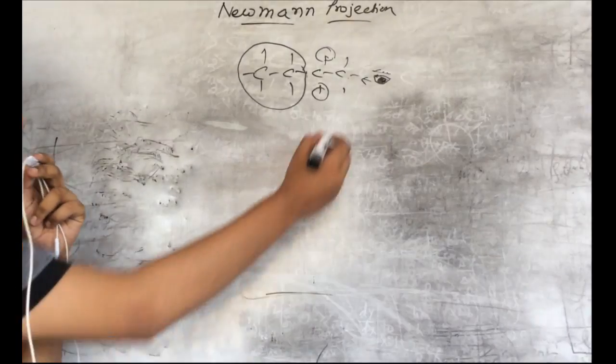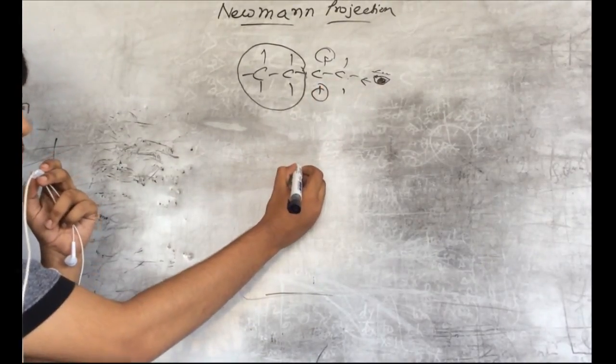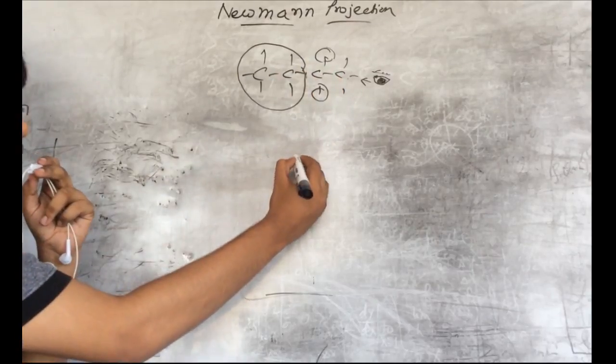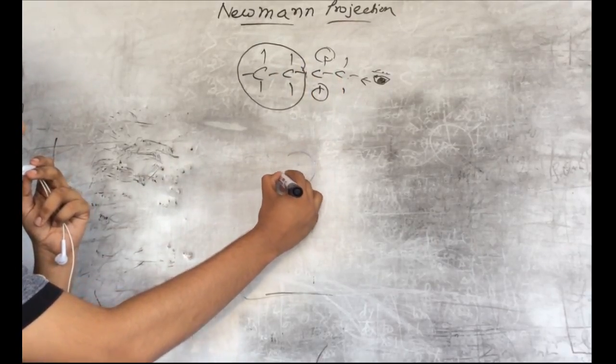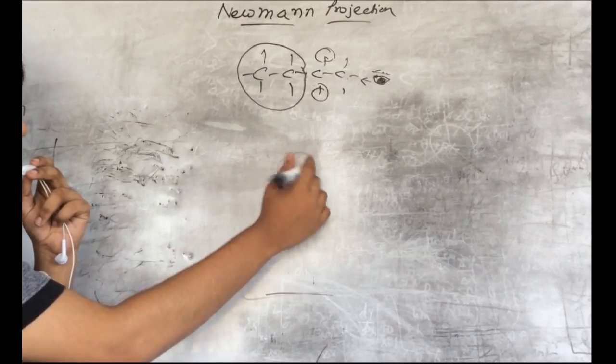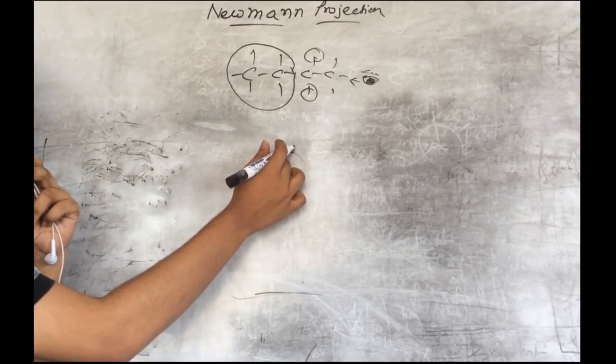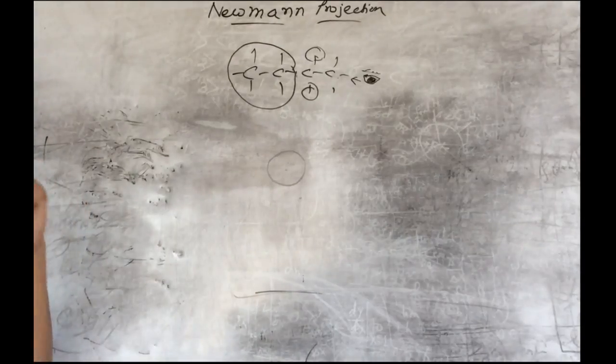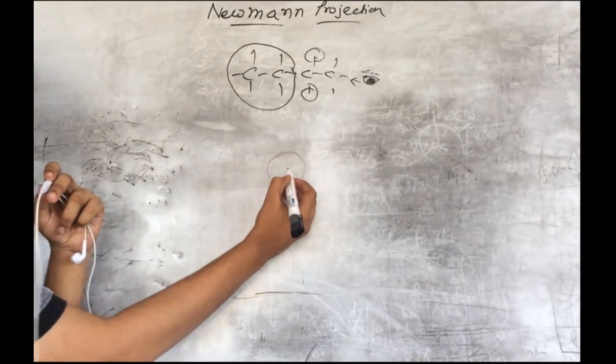So how can we represent them? We write this frontal carbon first by a dot, and we represent this back carbon by a circle. Sorry, this should be at the center because along the same line, collinear. So this is like this.